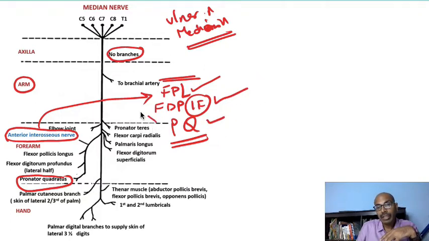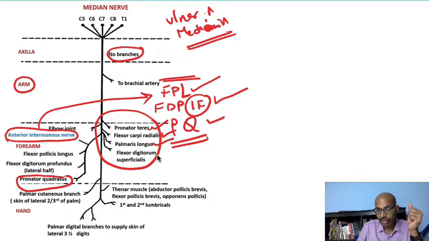Okay, then the main median nerve supplies almost all the forearm muscles, including the pronator teres, flexor carpi radialis, palmaris longus, flexor digitorum superficialis. The flexor digitorum profundus, the medial half, that is for the ring and the little finger, is supplied by the ulnar nerve.